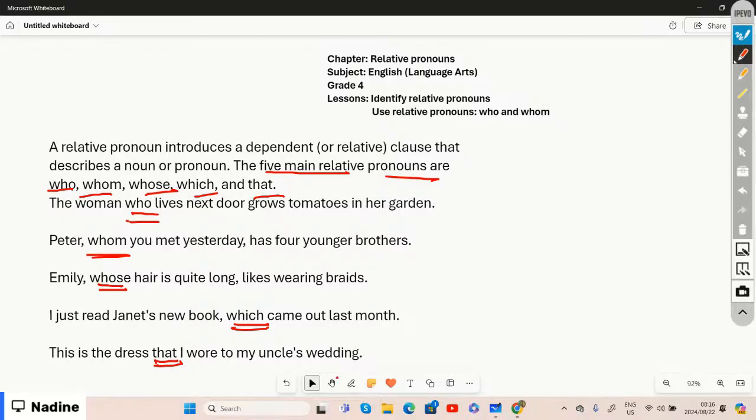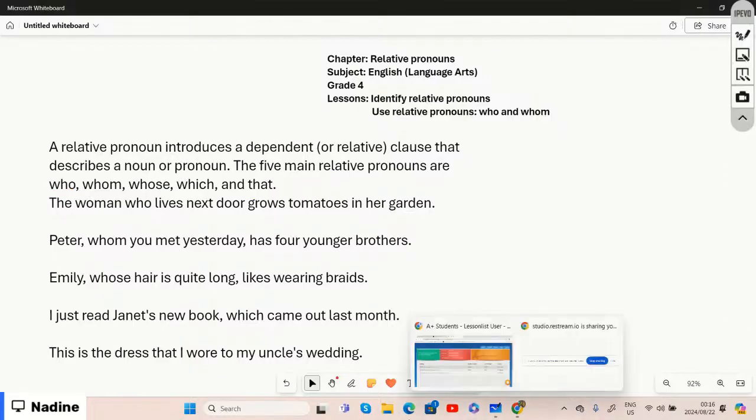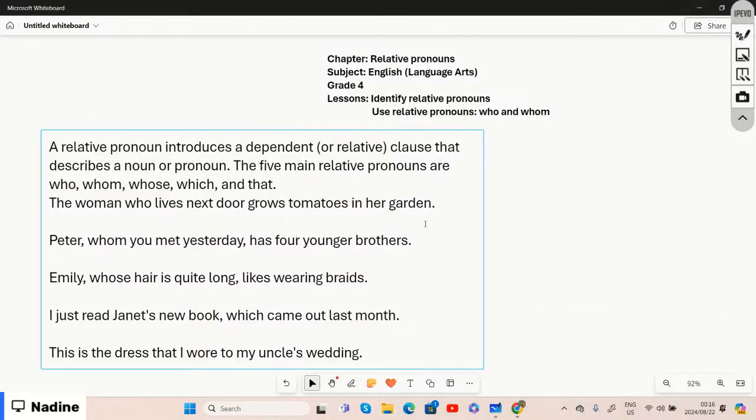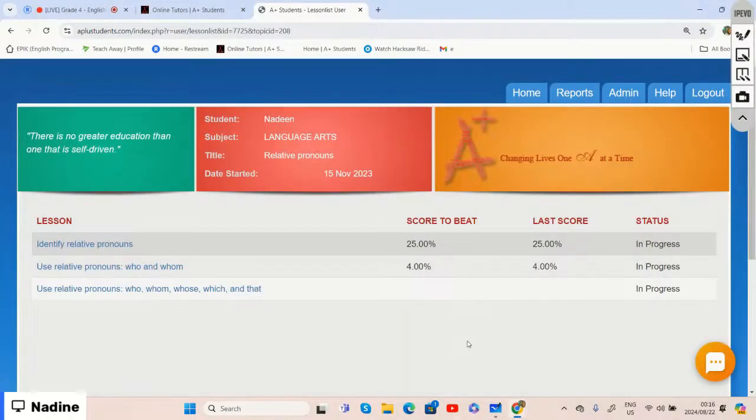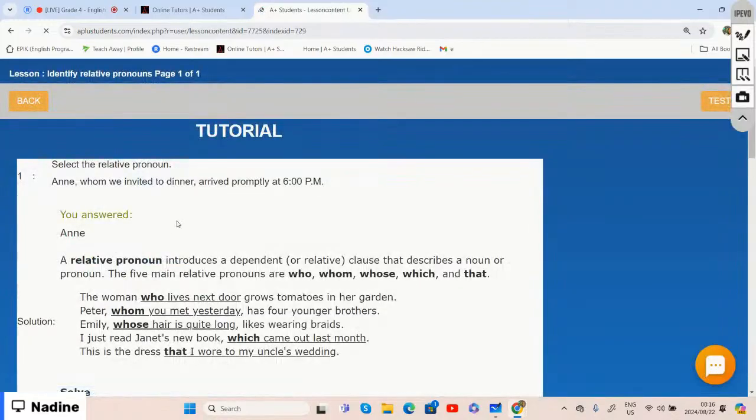All right. So now we're going to a+students.ca, and we're going to further explain or discuss the five relative pronouns, which are who, whom, whose, which, and that. So we're at a+students.ca, and we're going to our first lesson, which is to identify relative pronouns.